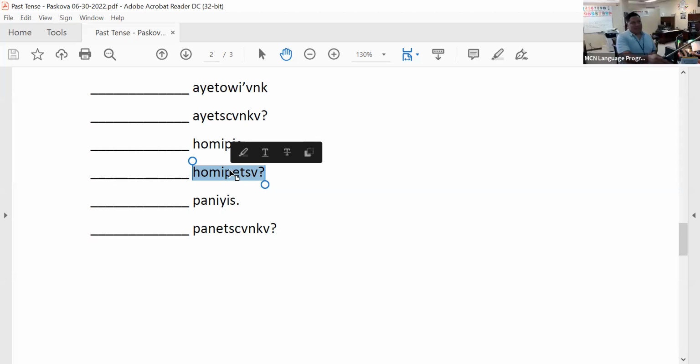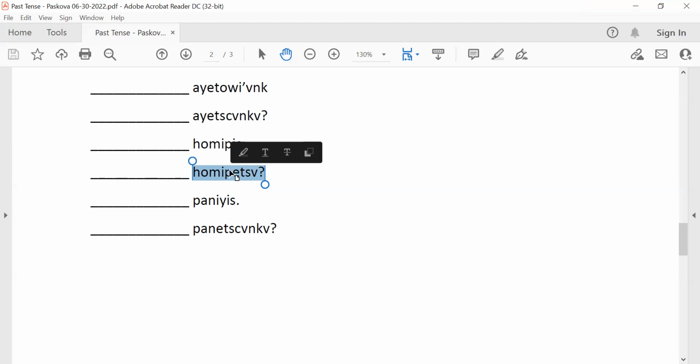So either way, you said it correct. Homemade betchka is what they would teach in the book too. Chawada homemade betchka. What does that mean? That means you ate goat. Ask them the question.